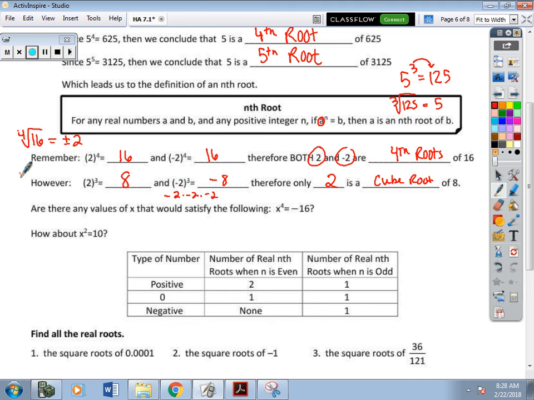Now, are there any values of x that would satisfy the following? X to the 4th equals negative 16. Is there any number that if we raised it to the 4th power would get us negative 16? Any number, if we multiplied it by itself 4 times, would get us negative 16. Even if you chose negative 2, we would have all the negatives canceling out to be a positive.